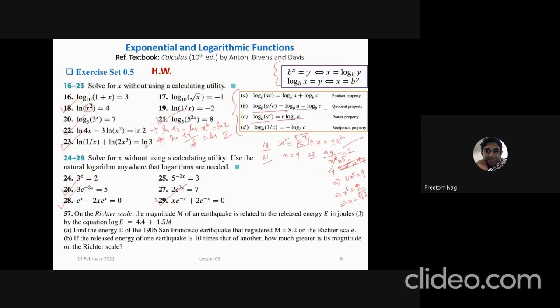So coming to number 23, this will be 1 by x. So এখানে আমরা বেসিক প্রোডাক্ট প্রপার্টিটা ইউজ করব, 1 by x into 2x cube equals to 3. So therefore 2x square equals to 3, x square equals to 3 by 2, x will be square root of 3 by 2.